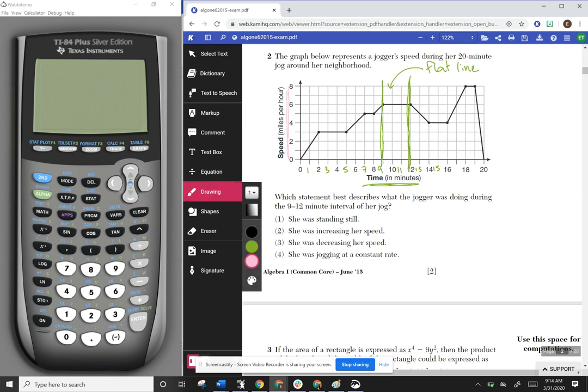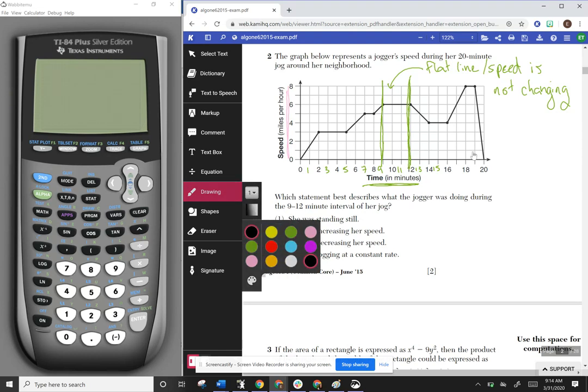So since this line is flat, this is telling us that speed is not changing. So her speed is not changing. It's the same speed between minutes 9 and 12.